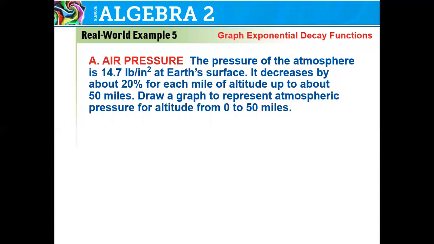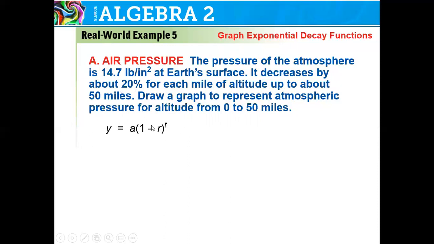Draw a graph to represent atmospheric pressure for altitude from 0 to 50 miles. Initially, I have 14.7, the atmospheric pressure, and then it decreases by 20%. From the word decreases, I know I'm dealing with an exponential decay function.